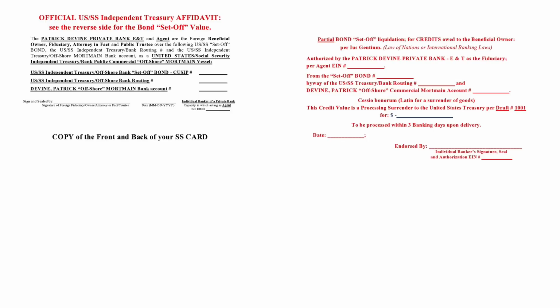A private banker. Now they're under the banking laws, and it takes 3 days to process a bank transaction after they've received it. That Direct Express debit card is still attached to your Social Security number.